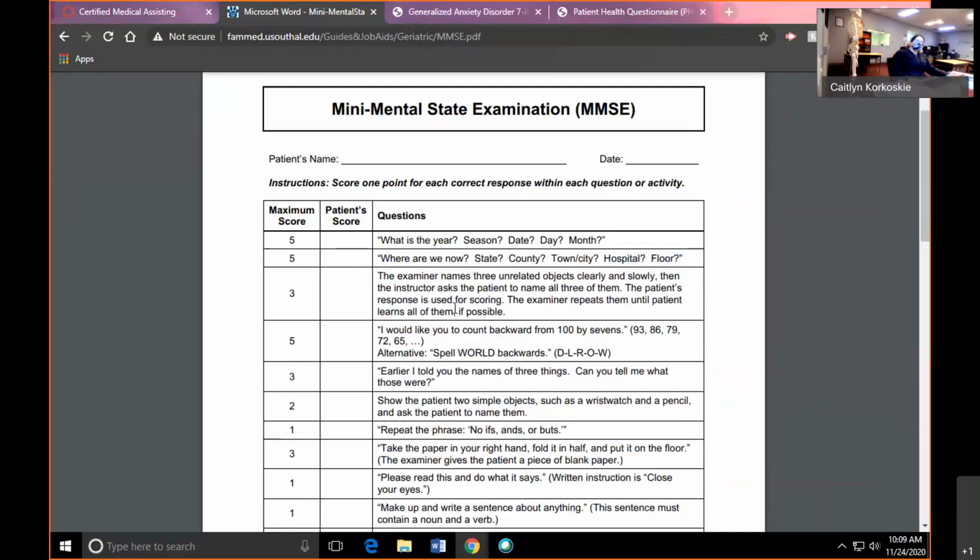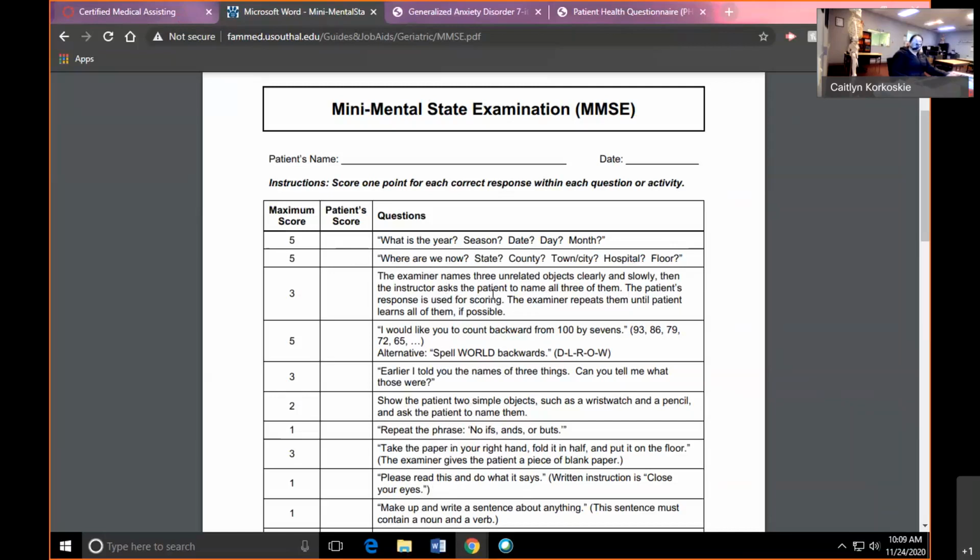So, this next one is saying to name 3 unrelated objects. The most common set used, and it's not listed in this specific one, but a lot of the MMSEs will have, is apple, table, and penny.